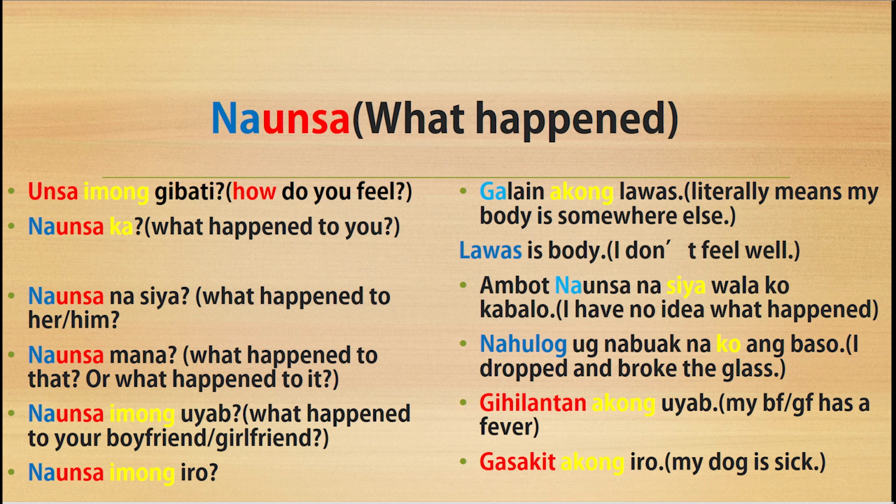So without the na, use the possessive pronoun imong. Imong is like your, okay? Unsa imong gibati? How do you feel? Naunsa ka. So, with the na. Naunsa ka. What happened to you?